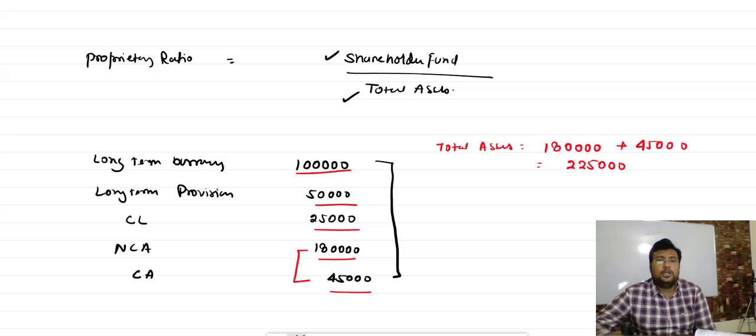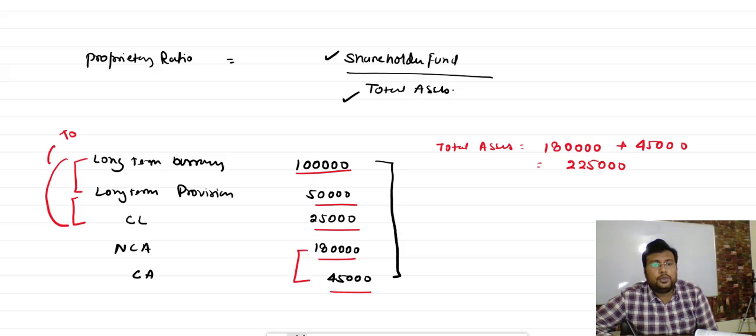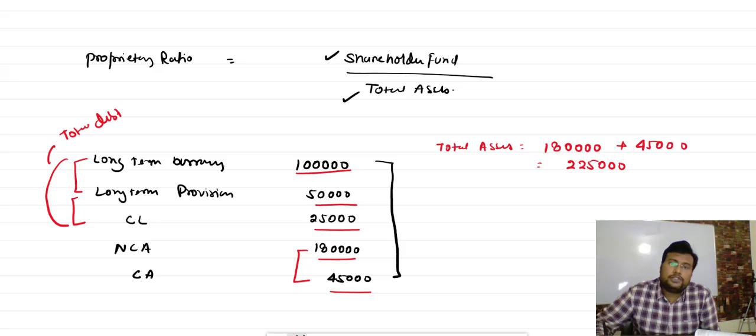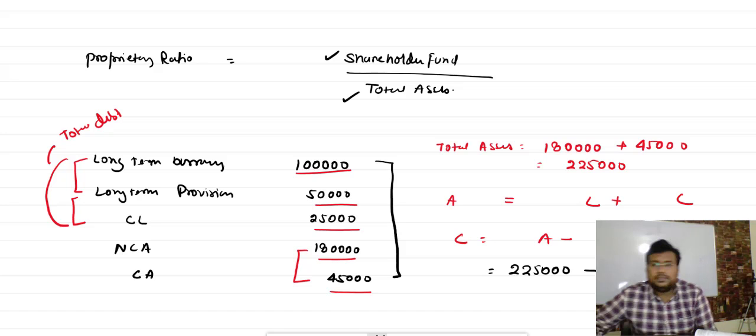Look, very simple. Long-term borrowings plus long-term provisions plus current liability, if we add all these three, we will get total debt. So for finding out the shareholder fund, we will implement this formula: assets is equal to liability plus capital, or capital is equal to assets minus liability. Assets is 2,25,000 minus liability.